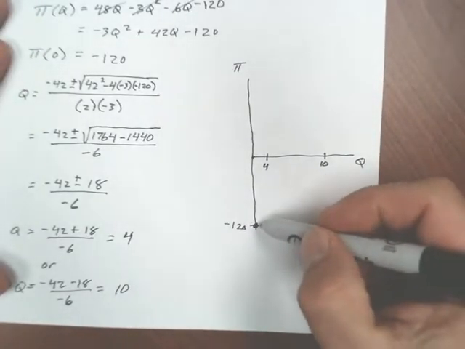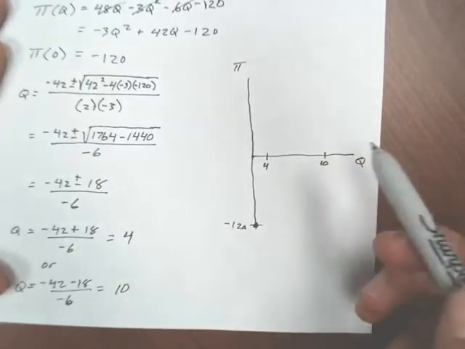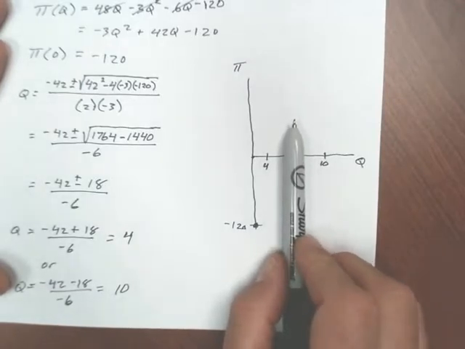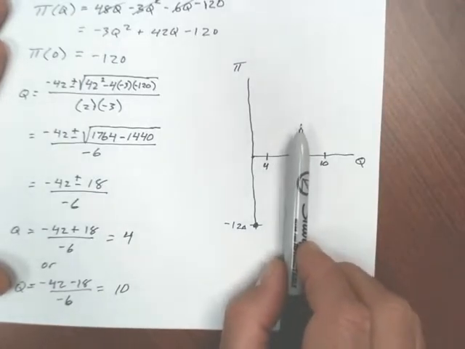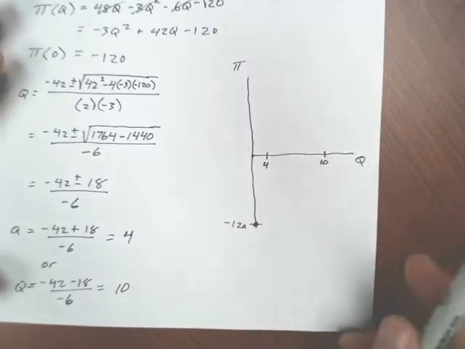So you can see already what my profit function is doing. It's coming up and around. Here's the thing though, where's the axis? Because at the axis, that is where I'm maximizing profit. If you remember way back when, we maximize profit where marginal revenue equals marginal cost.